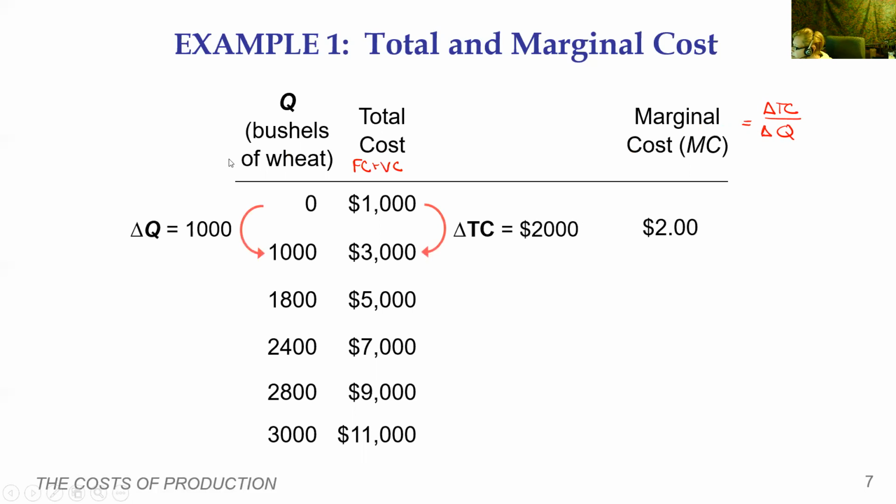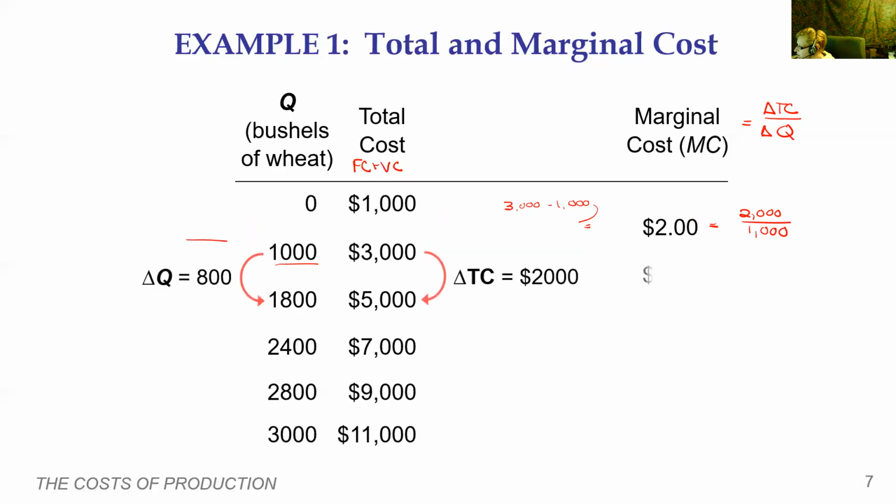We went from 0 to 1,000, so our change in quantity is 1,000. That's our output, right? We went from a cost of 1,000 to 3,000, so 3,000 minus 1,000 is where we get this 2,000. Then we divide the 2,000 by the 1,000, and we're saying that our marginal cost here is $2 for that first 1,000 bushels of wheat.